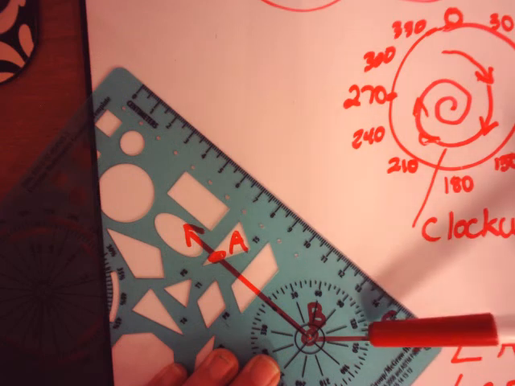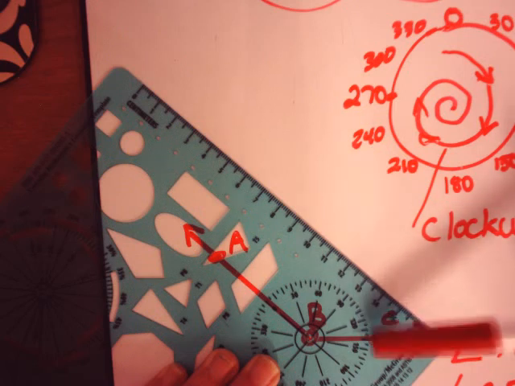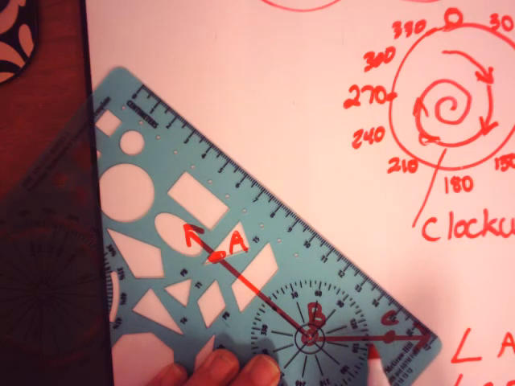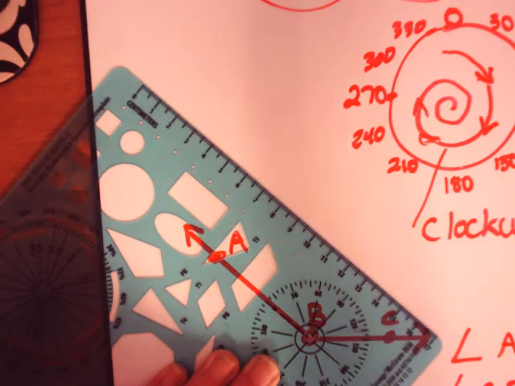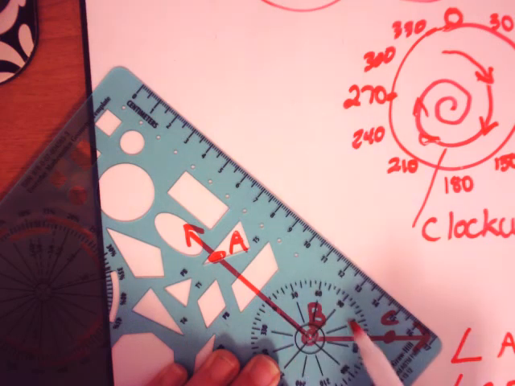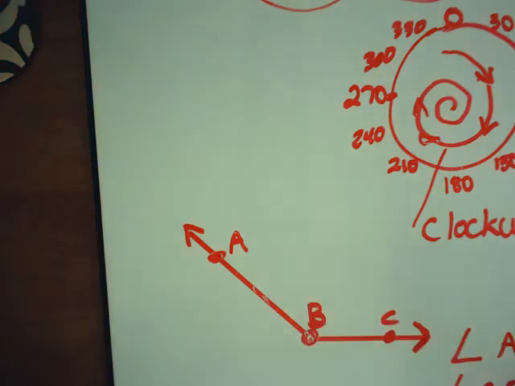My larger ones here count for tens. So I've got 120 right here, so it's 130, 140, and this one right here is 150. So my angle right here is right over the 140. I know you can't see that real well, but my 0 is here, and I moved up, stopping at 140 degrees. So we can go ahead and label this angle as 140 degrees.